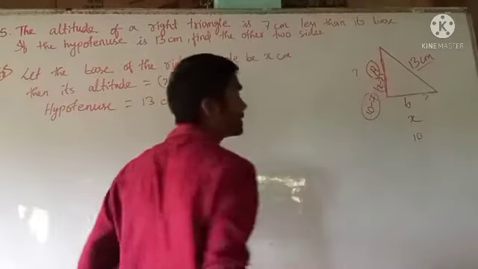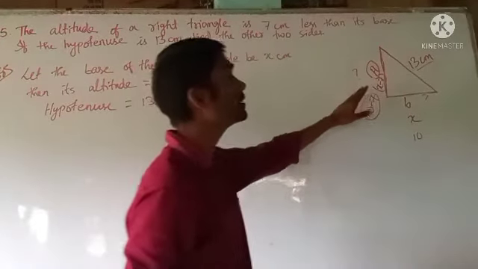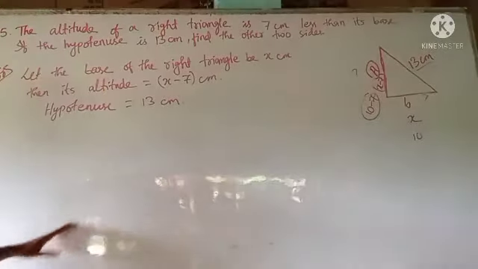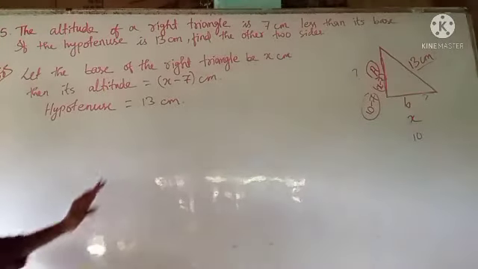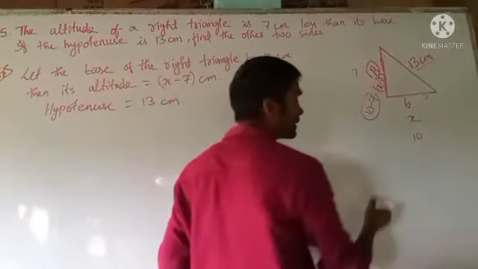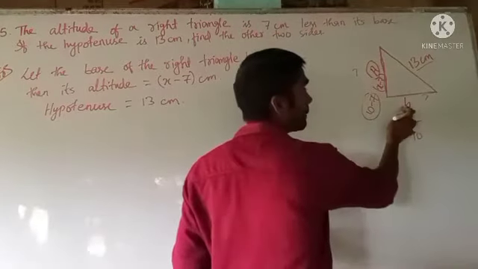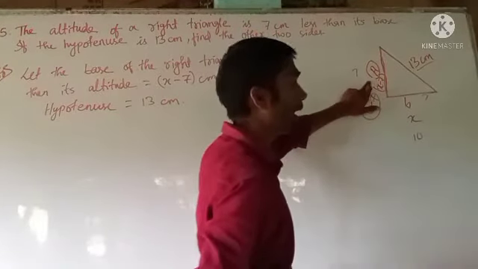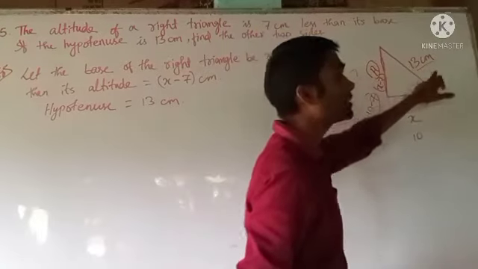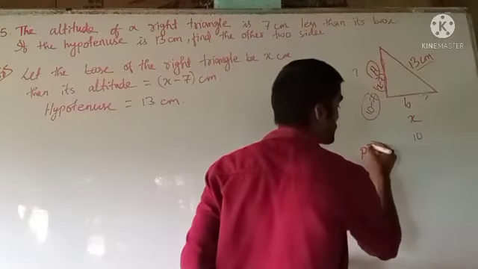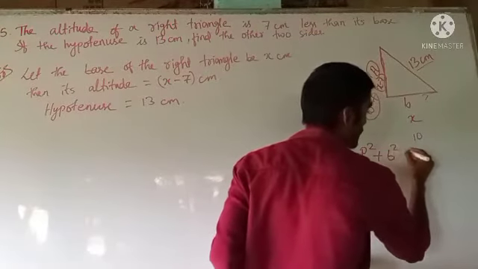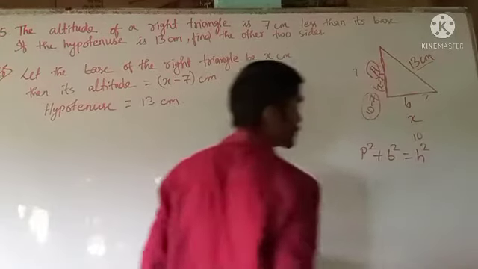Now how will we find these two, the base and the altitude? We can find them by using the Pythagoras Theorem. We know that the Pythagoras Theorem is base square plus altitude square equal to hypotenuse square. We have learned it as perpendicular square plus base square is equal to hypotenuse square.